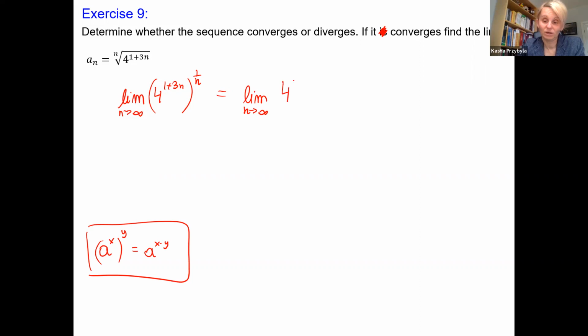Okay, that means we will have 1, 3 to the n times this. Limit at infinity. And then we can distribute. This will be 1 over n plus 3. Actually, now we have 4.